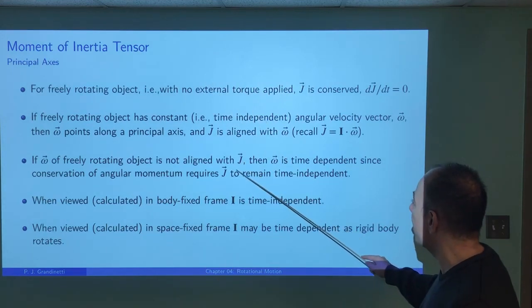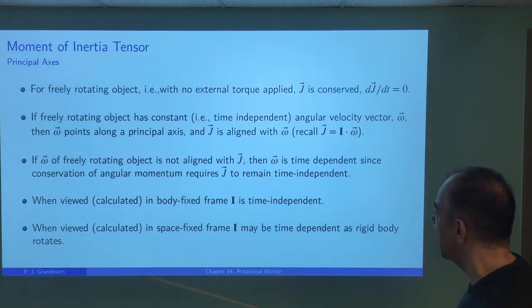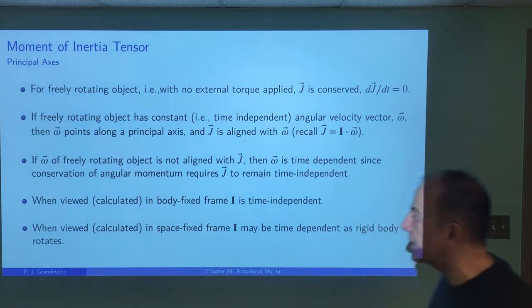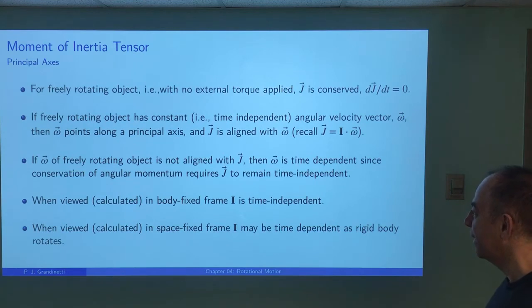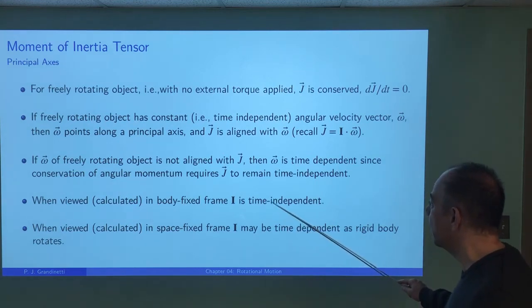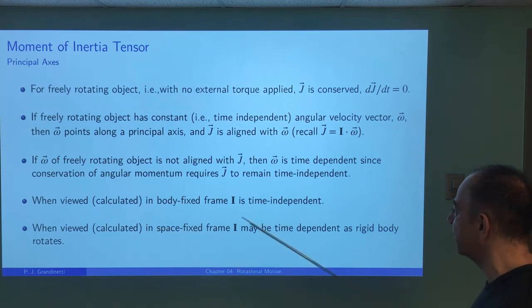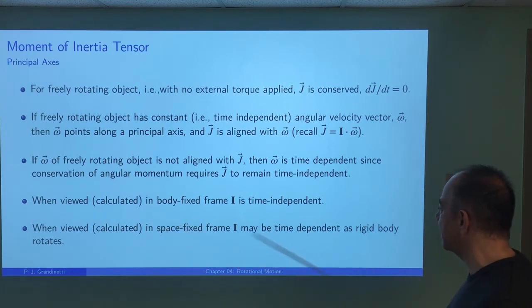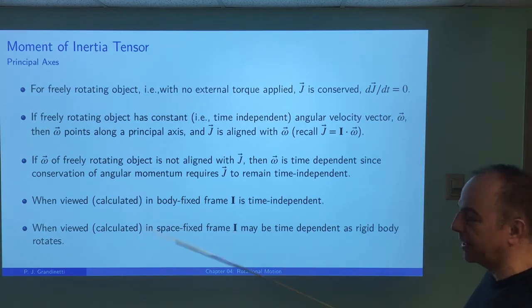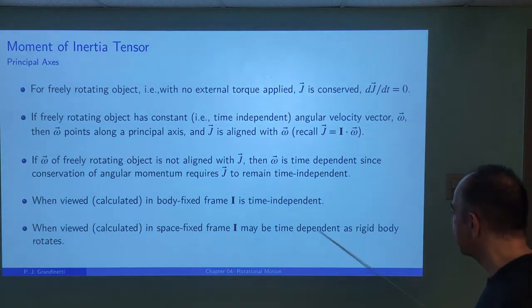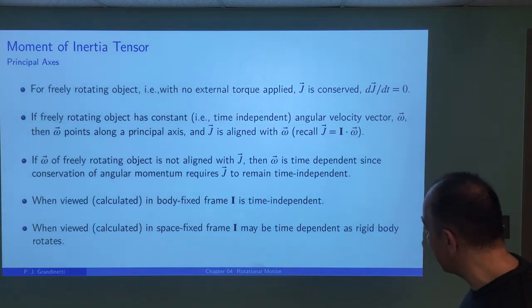If they're not aligned, omega has to become time dependent in order for J to be time independent for a freely rotating object. And a couple other quick points: when we're in the body-fixed frame, we define a moment of inertia tensor that is a time independent quantity. But when you view that same moment of inertia tensor from a space-fixed frame, it's not necessarily time independent. It may be time dependent.